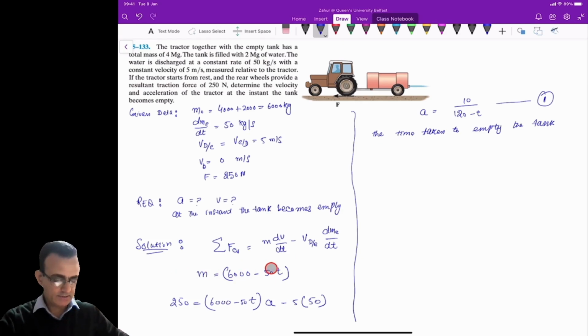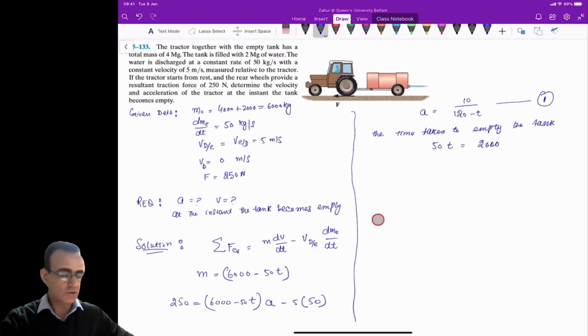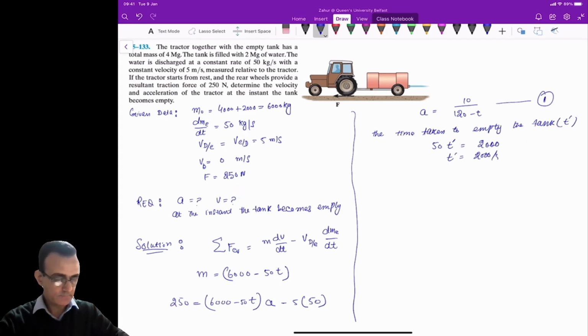Similarly, because we know that 50t equals 2000, where 2000 is the total mass of the water and 50 is the rate. If we say that t dash is the time taken to empty the tank, we can calculate it from here. So t dash will become equal to 2000 divided by 50, and that will be 40 seconds. So you need 40 seconds to empty the tank.